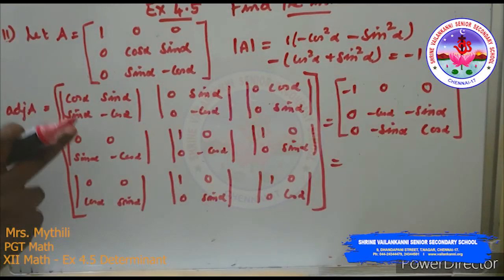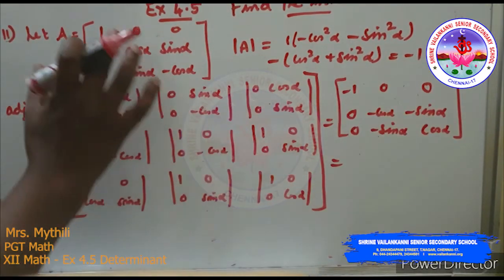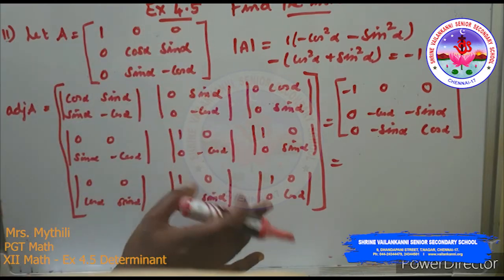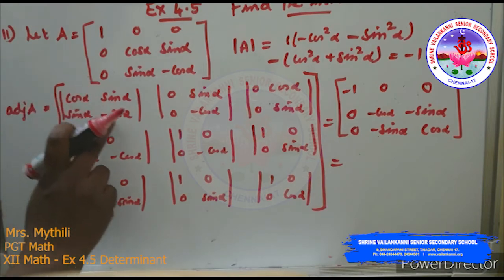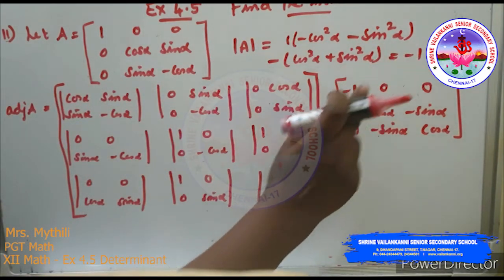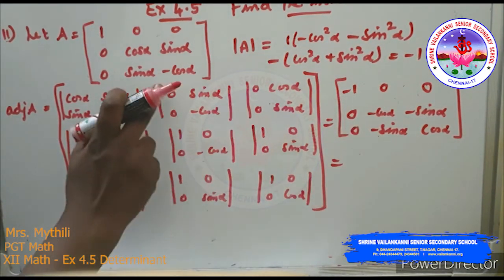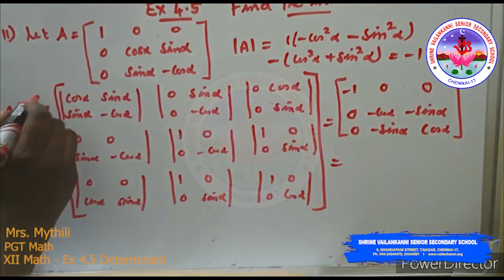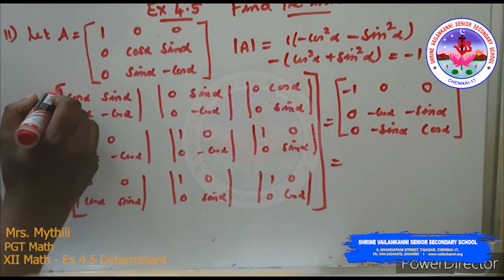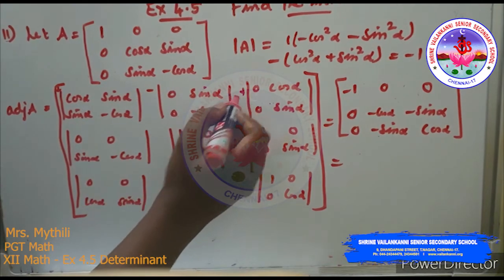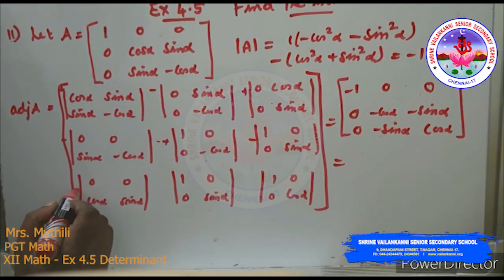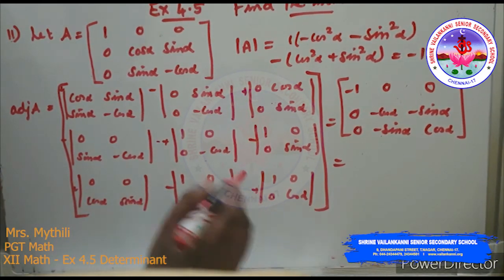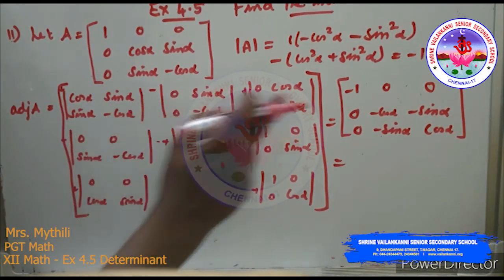So adjoint of A is the cofactors of all the elements, which I have written here. Then cos square minus cos square alpha, we have already found it's minus 1, so I am writing this as minus 1. So 0 minus 0. Here we can change the sign also: plus, minus, plus, minus, plus, minus, plus, minus, plus. Again it's 0 minus 0 is 0.